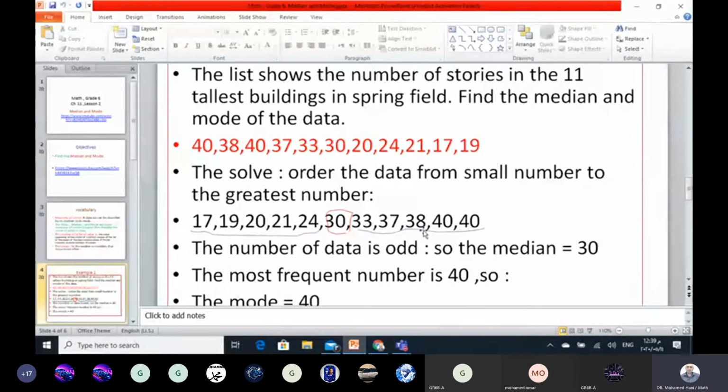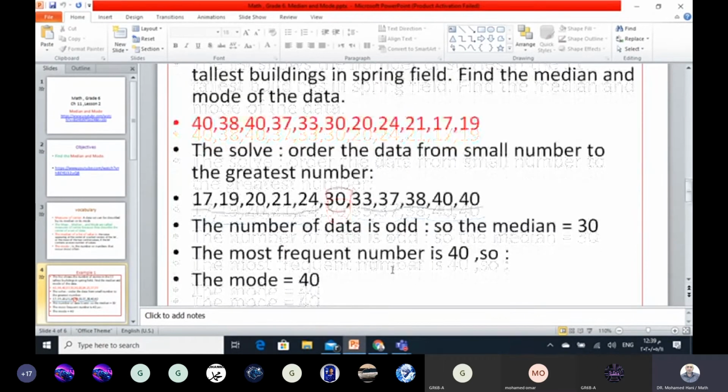This is 5 numbers. So the number in the middle will be what? It will be 30, because here we have a set of 5 numbers and here we have a set of 5 numbers. So this is the number in the middle. So the median equals 30, the number in the middle when we have an odd count of numbers.